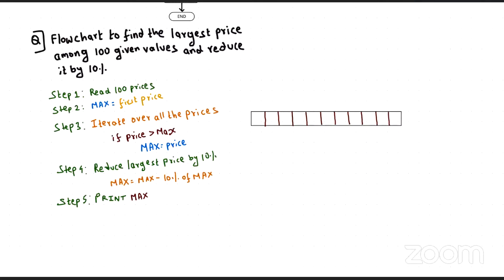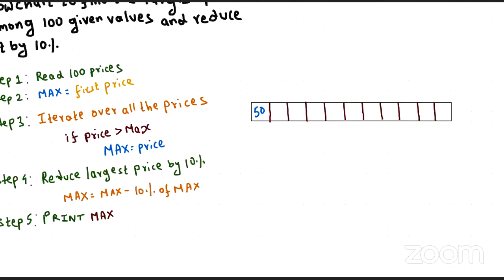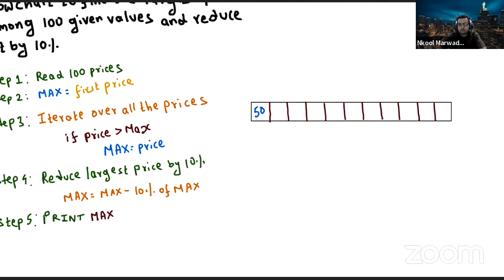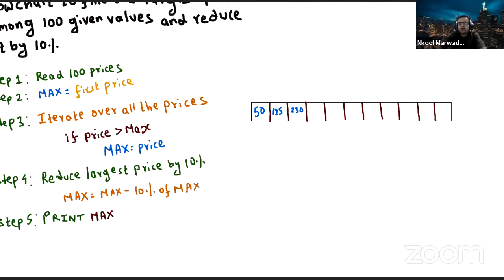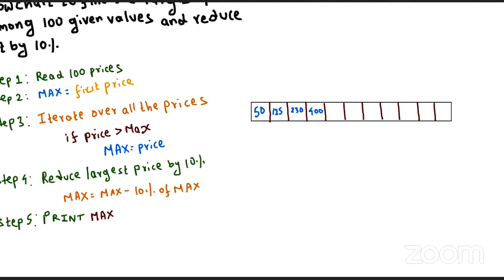Okay, so first, 50. Then 125. Then 230. Then 400. It need not be sorted, it can be in any order.